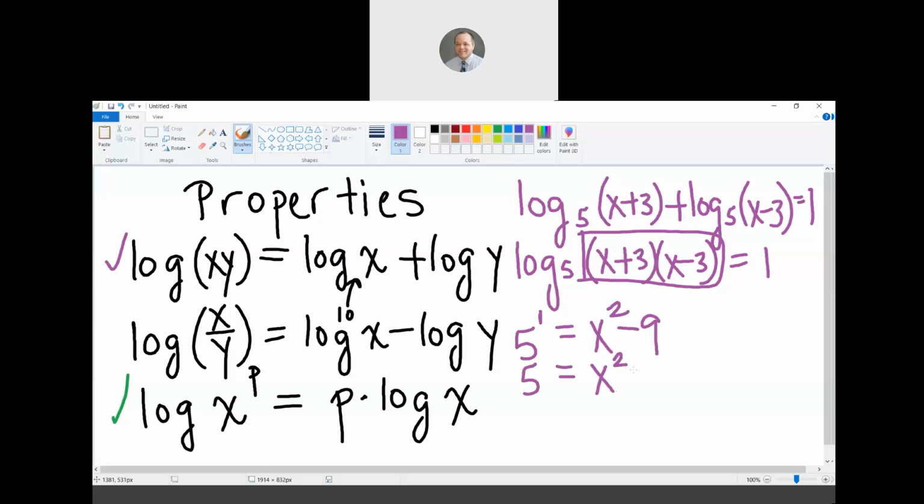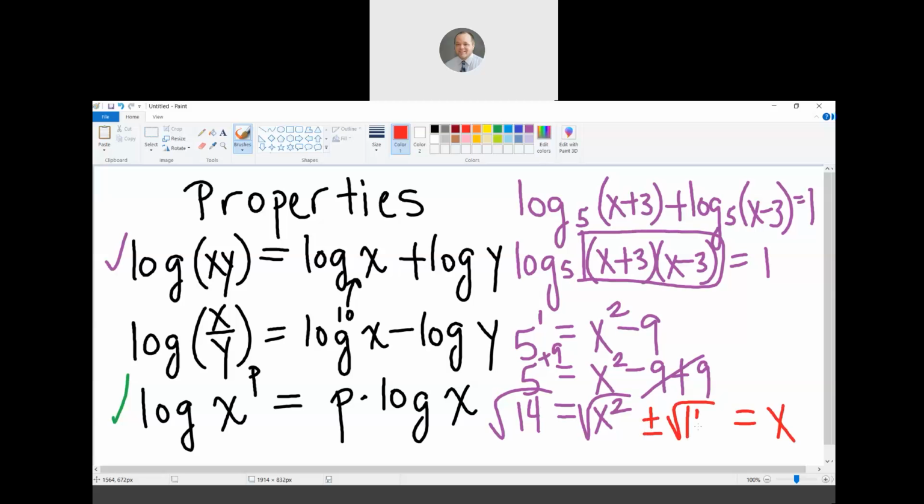And let's add 9 to both sides. That will give us 14 equal to x squared. And you would just take the square root of both sides using the square root property. And we get plus or minus square root of 14.